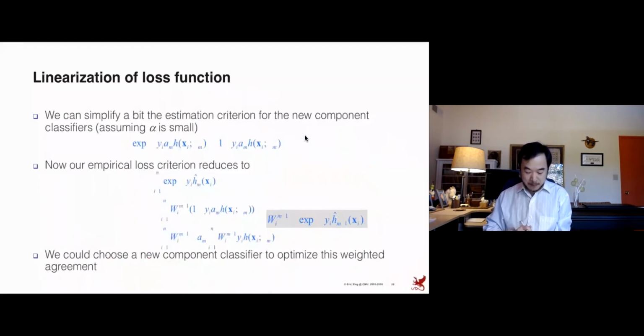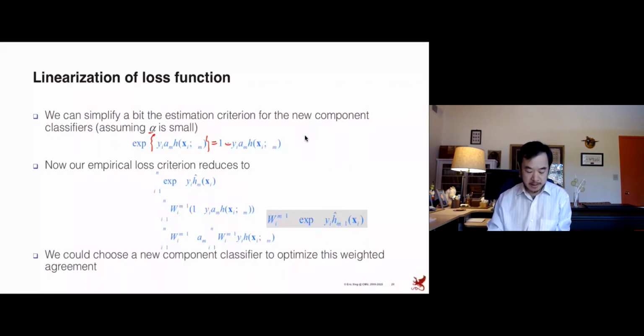So let's move on. I just said there is another trick known as the linearization of the loss function. Basically, this exponential loss can be further expressed using Taylor's expansion, for example, if the alpha is a small value, to be 1 minus this term.